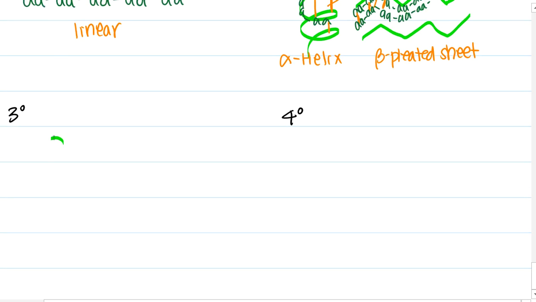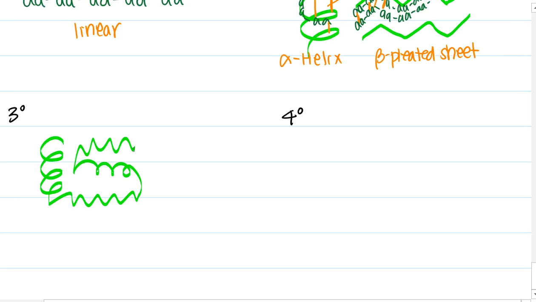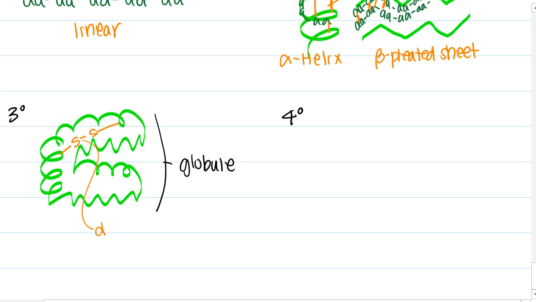Tertiary structure is basically alpha, alpha, alpha, beta, beta, beta, alpha, alpha, alpha, beta, beta, beta, alpha, alpha, alpha. Do you see that? It's a combination of alpha helices and beta pleated sheets. Oh, look, guys, we just created a globule. Okay, so this is going to be held together with disulfide bridges.